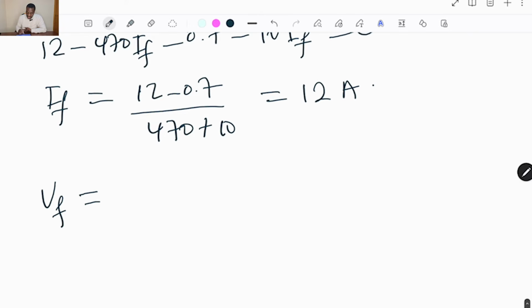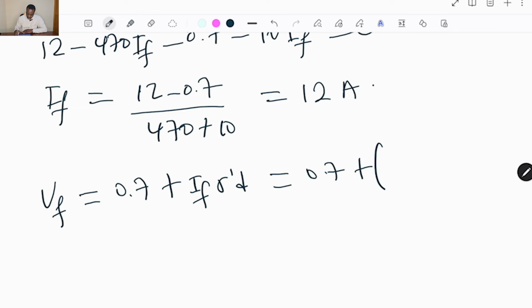Since it's being operated as a complete diode, we have the barrier potential of 0.7 plus the voltage across the dynamic resistance, which is the forward current times that resistance. So we have 0.7 plus the forward current. Let me do the calculation for this.